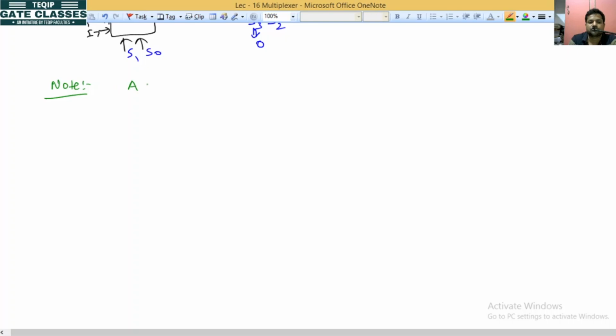Suppose I have to implement a B cross 1 mux with the help of A cross 1 mux. Then how many multiplexers of size A cross 1 are required?